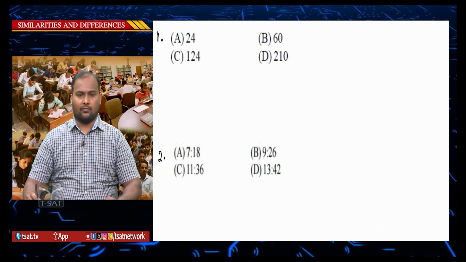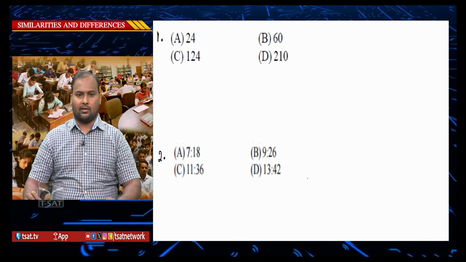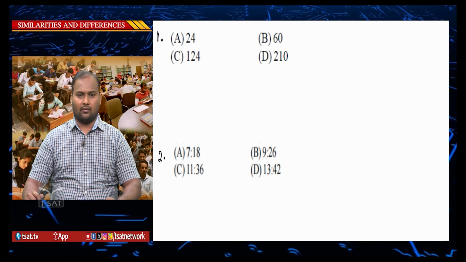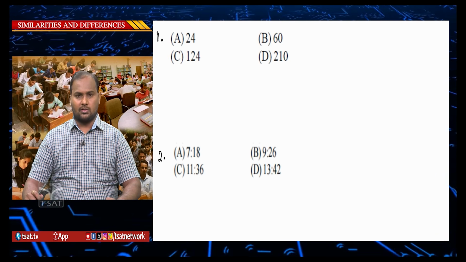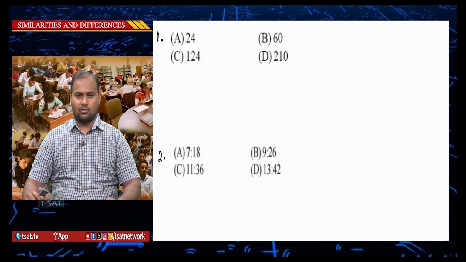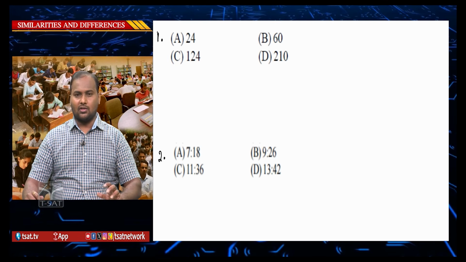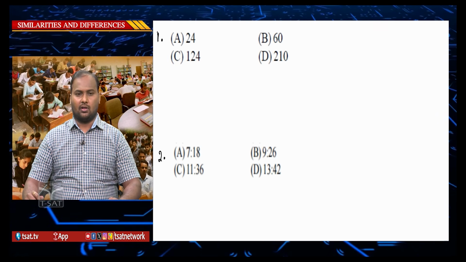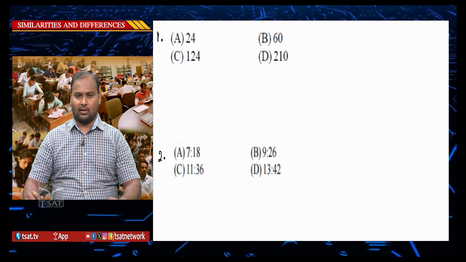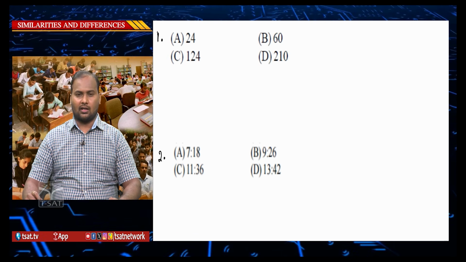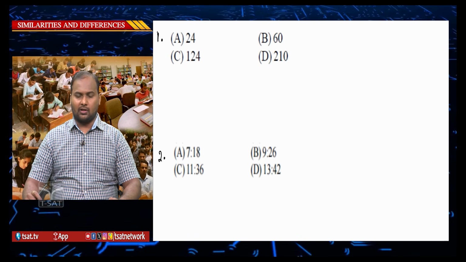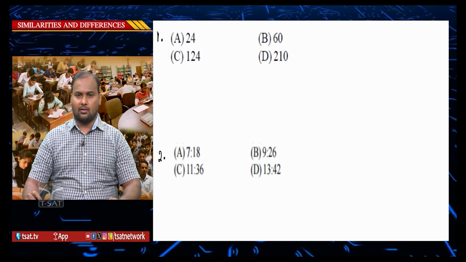If you see this question, the numbers are 24, 60, 124 and 210. The moment you see this question, the student should recognize the range of the numbers. The numbers are in the range of cubes directly, so immediately the logic you need to apply is cubes.